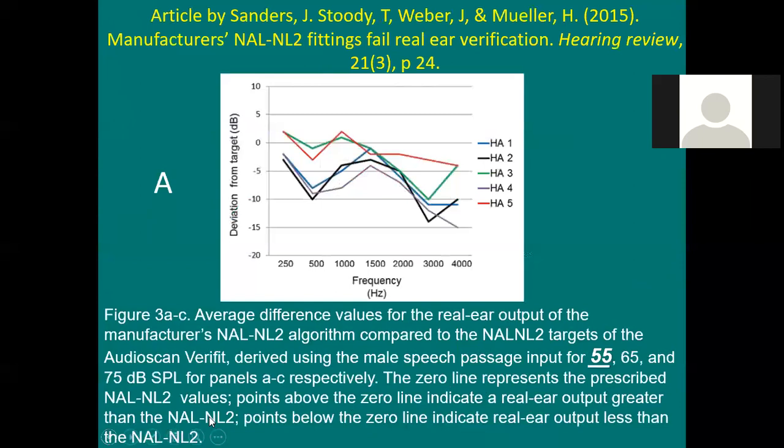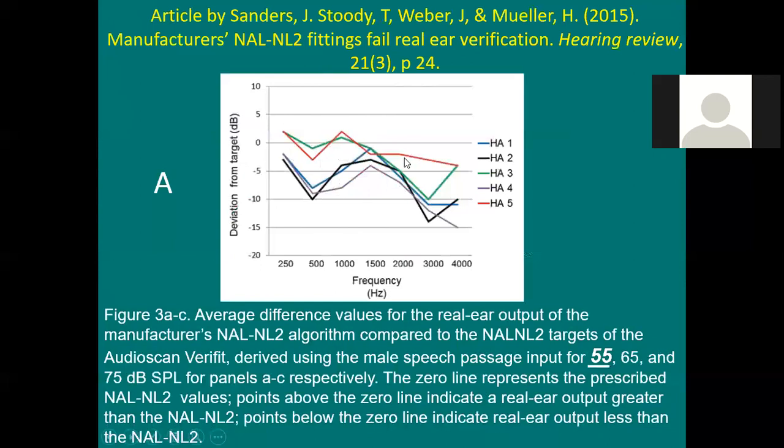And again, please don't think that it's saying a flat amount of output. That's not what the issue is. The zero line is just, say NAL2 asked for outputs called X. Whatever they were, for some sloping, mild to moderate, sensorineural loss, what did NAL2 prescribe? X, okay? X amplification at 250, X amplification at 500, whatever it was.